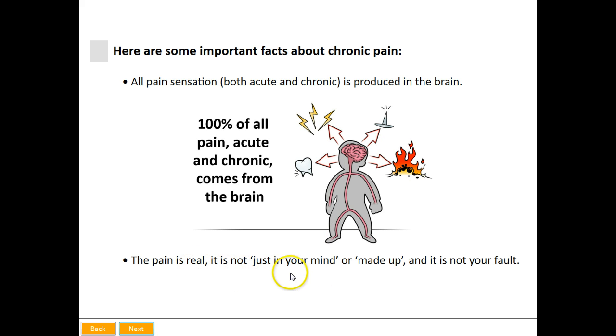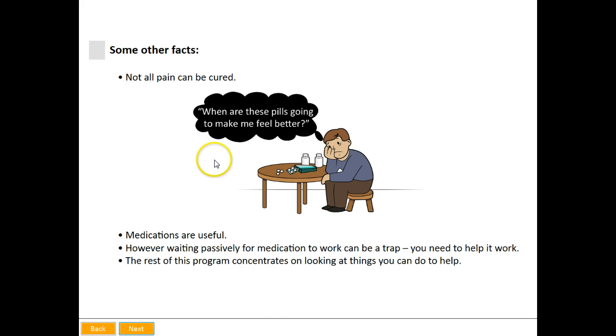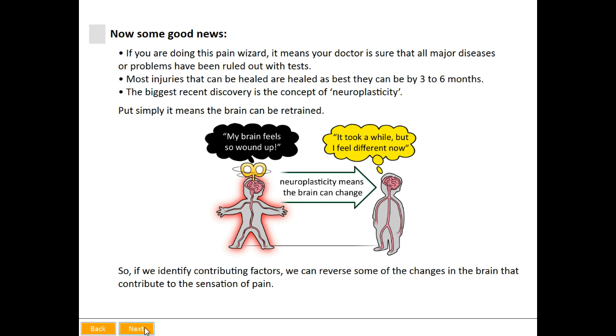It's real, it's not just in your mind or made up, it's not your fault, but it's controlled from the brain. We can't cure all pain, tablets help, but really sitting passively waiting for the tablets to work is not the ideal thing to use. It can be a trap, and we're going to concentrate on looking at those things you can do to help yourself.